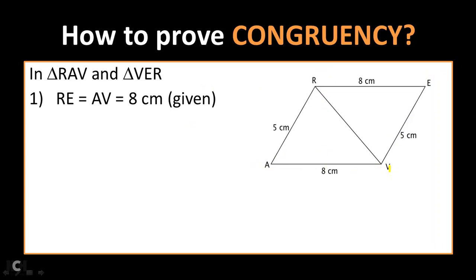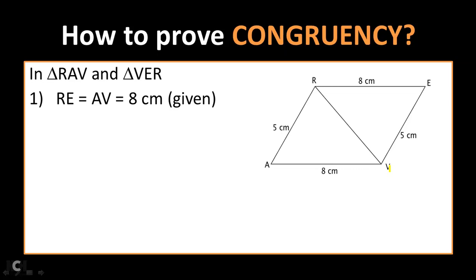Okay, so this is given already. It is given, so we don't need any other reason. So we have proved one aspect here, which means we have a side.